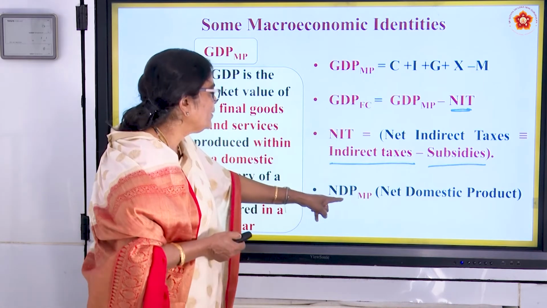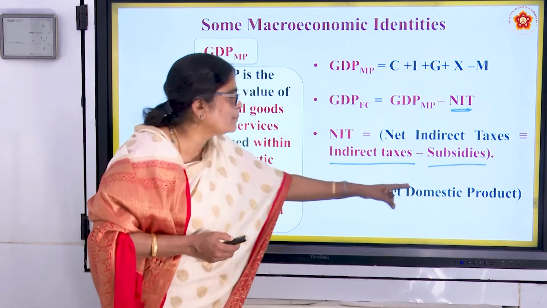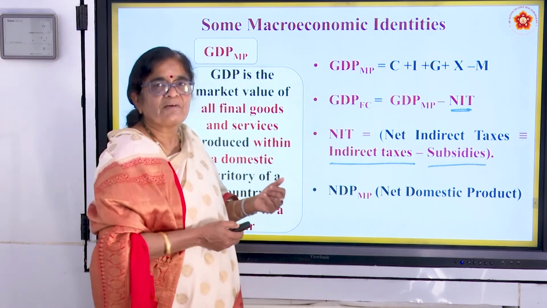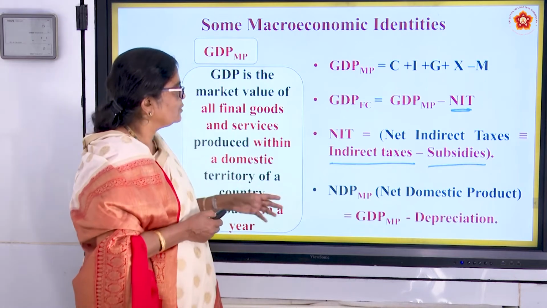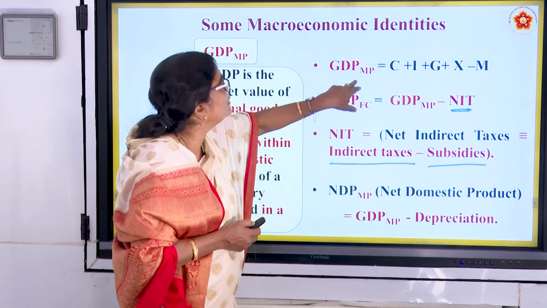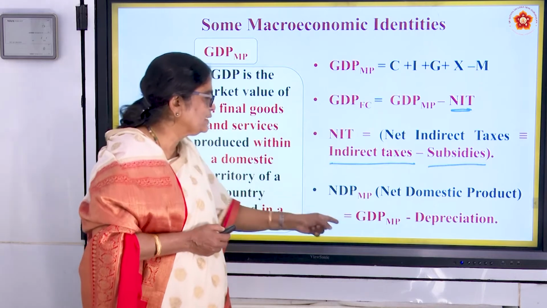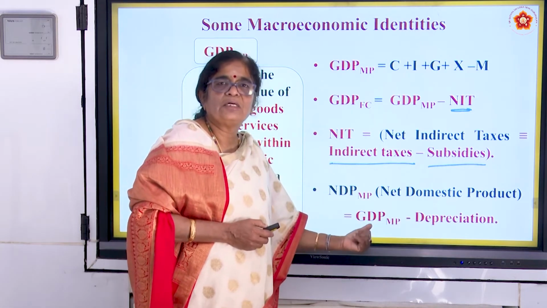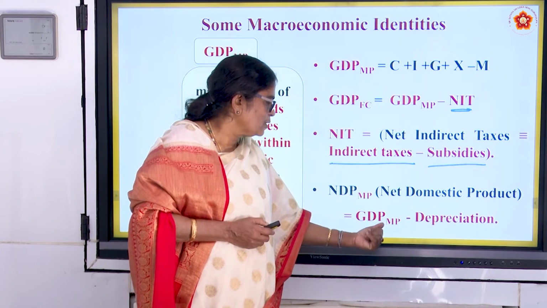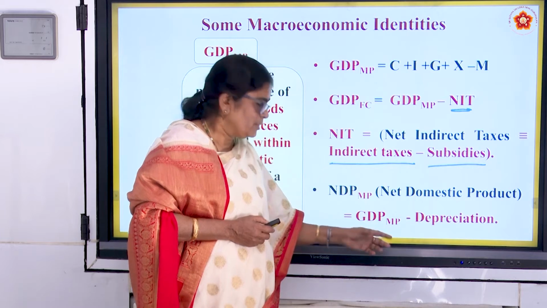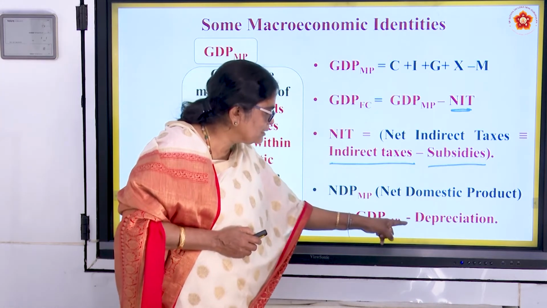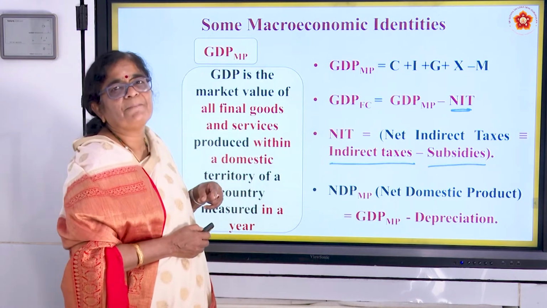And NDP means net domestic product at market price. What is net domestic product at market price? When you have gross domestic product and want to get net, you have to deduct depreciation from the gross domestic product at market price. GDP at market price minus depreciation is NDP at market price.